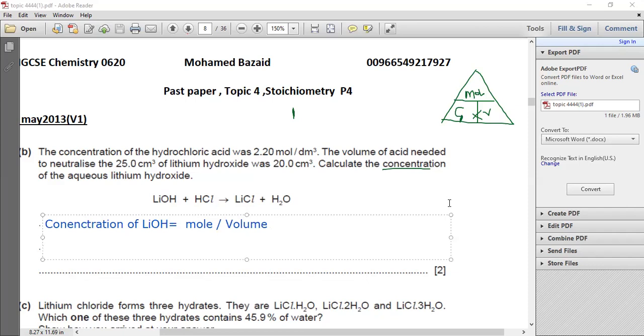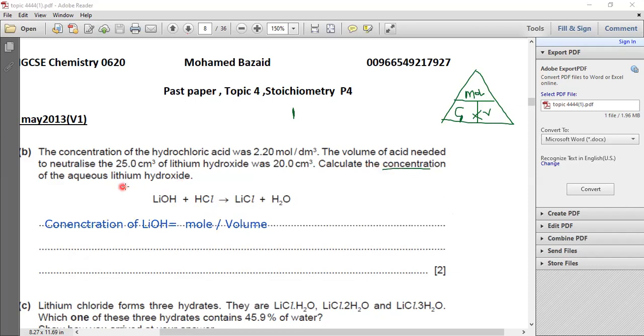But we will need the second triangle to get the mole. This is about the concentration of lithium hydroxide. Do you have the volume of lithium hydroxide in the question? Yes, 0.02 decimeter. The volume of acid needed to neutralize 25, no. Look, read carefully.